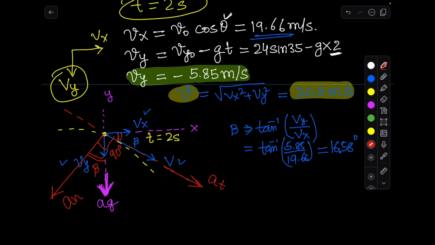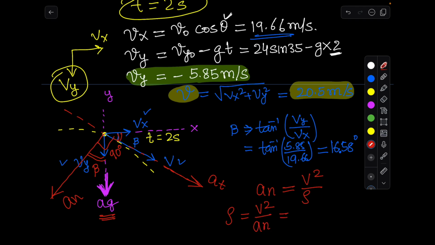So in this case we can use this angle to find an and ag. Using the same concept here, we can find an. So we can write an is equal to v square upon rho. I will bring rho here, so I will write rho equals v square upon an.